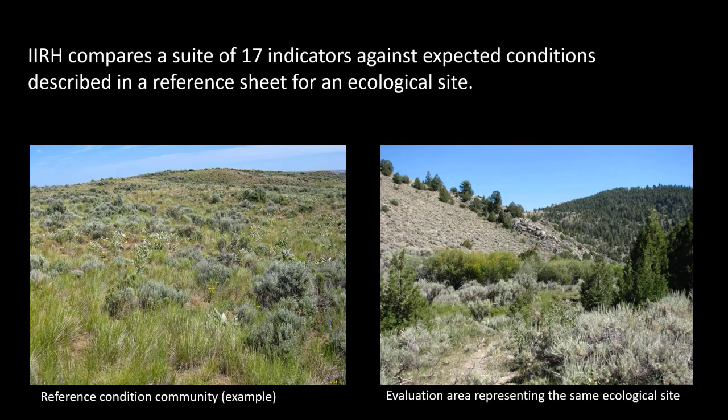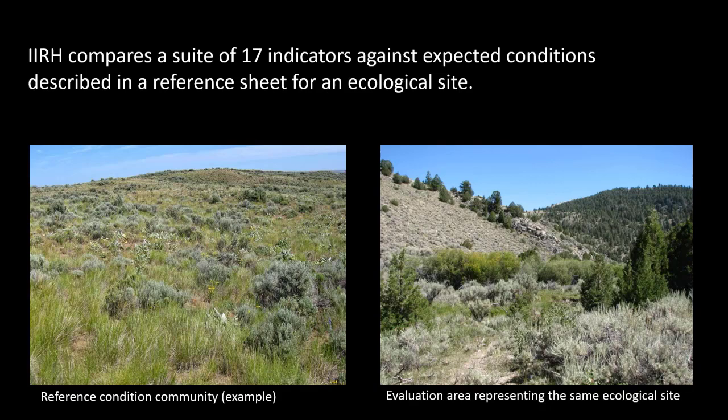The IIRH assessment relies on having a description of reference condition for each of the 17 indicators. These descriptions are usually found in a reference sheet that is part of an ecological site description. Indicators at the evaluation area are compared against the description to determine the level of departure. In this example, a mountain big sagebrush ecological site in reference condition is shown on the left.